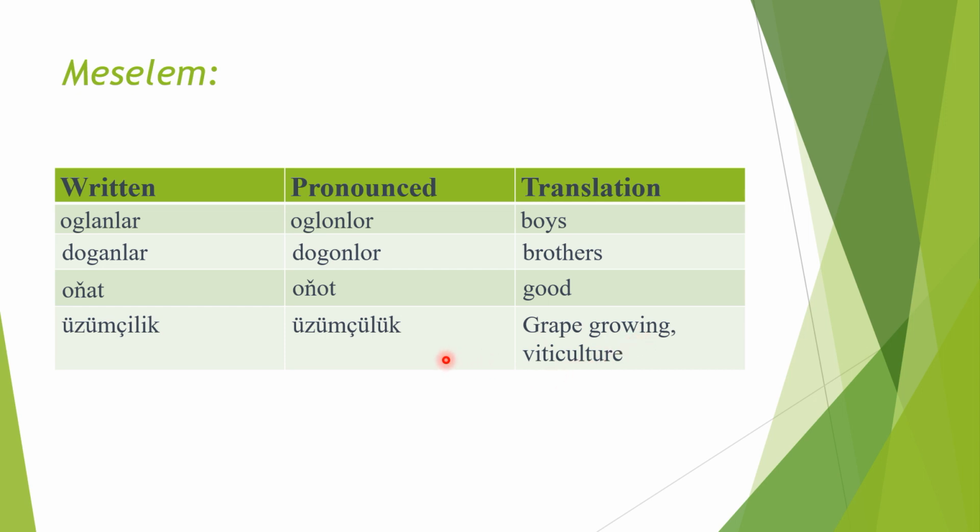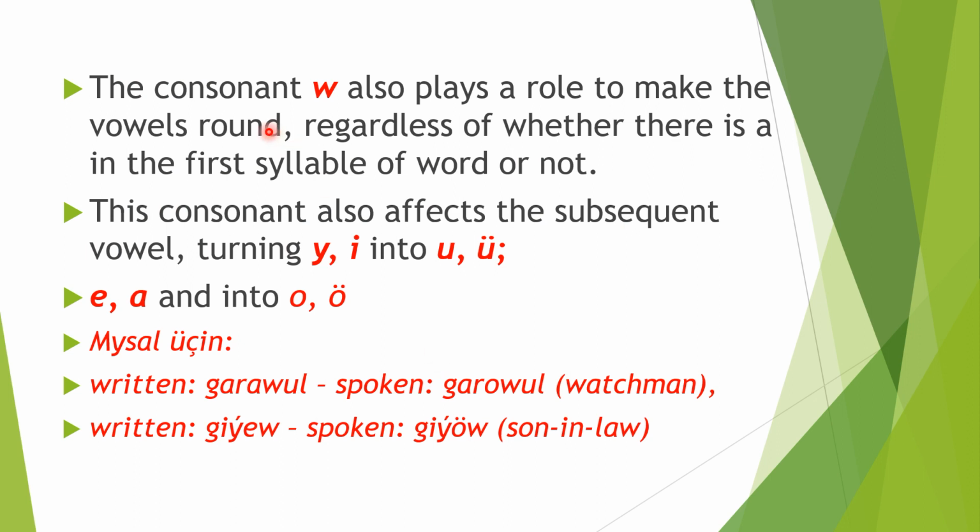Okay, let's go. The consonant w, the English w, but we don't say w, it's a w, also plays a role in making the vowels round, regardless of whether it is in the first syllable of the word or not. So what does that mean?